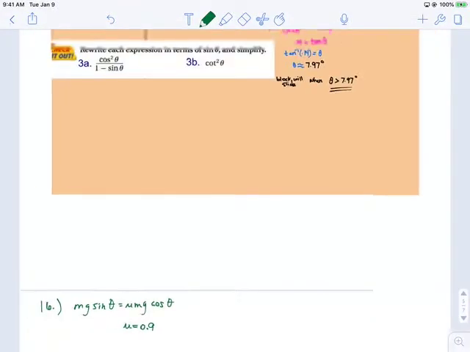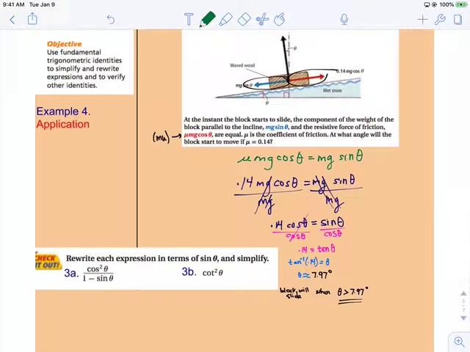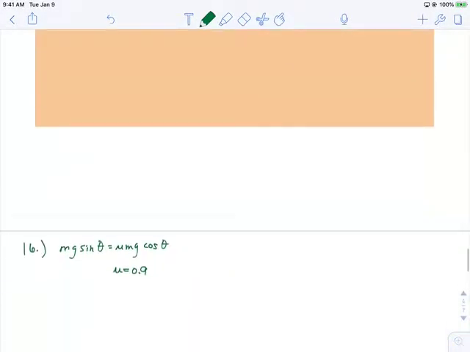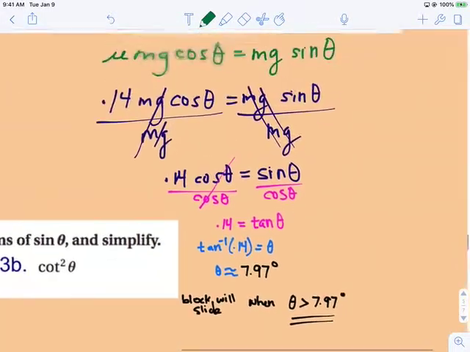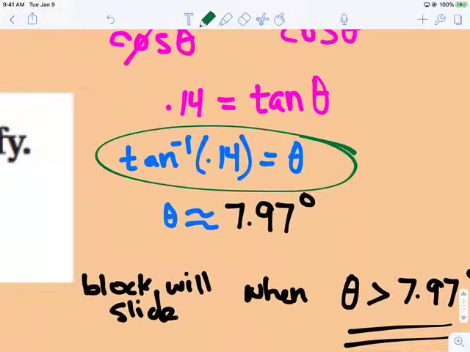That should work out pretty much the same as this one. We know what mu is, and let's look at what happened when mu over here was 0.14. What did our answer turn into? Tan inverse of mu. And notice that's just mu, so now you have a nice answer for any problem that looks like that.